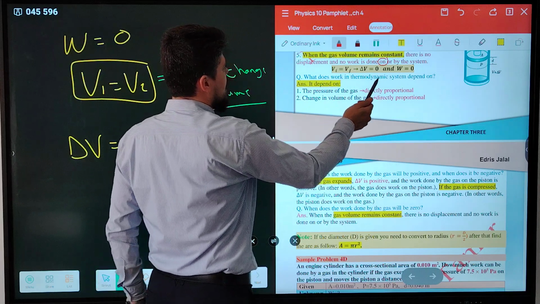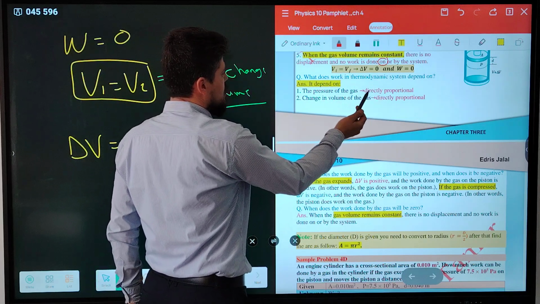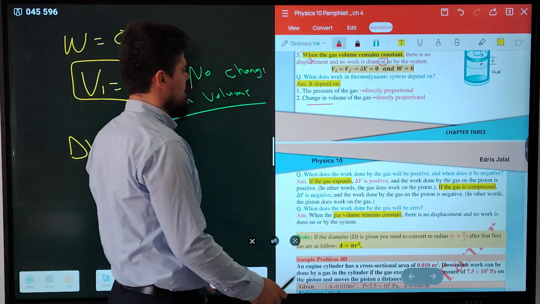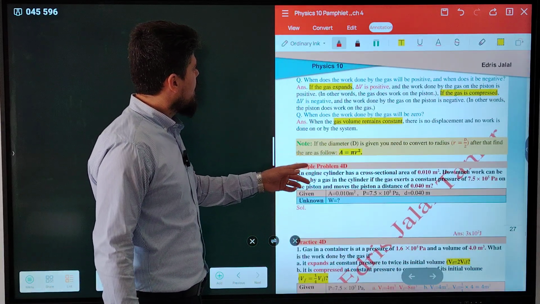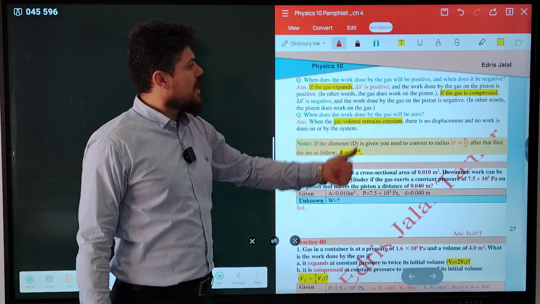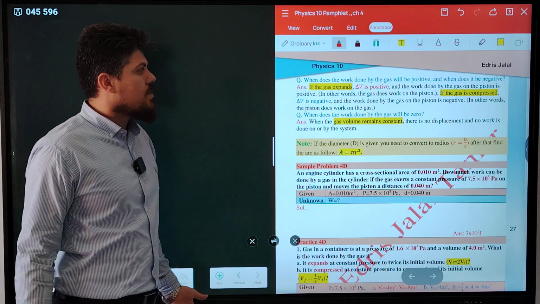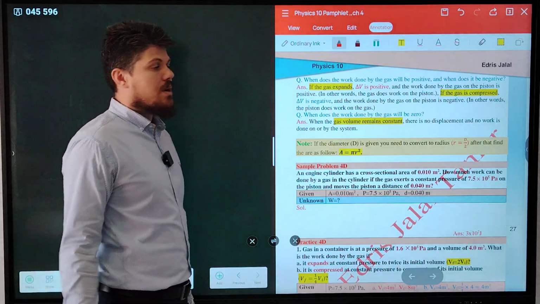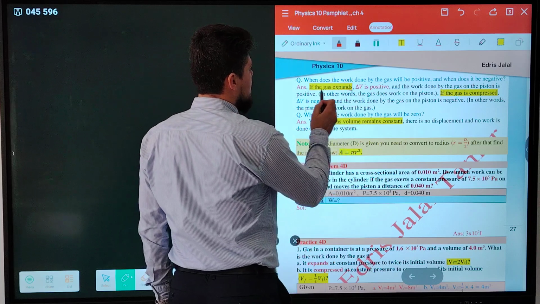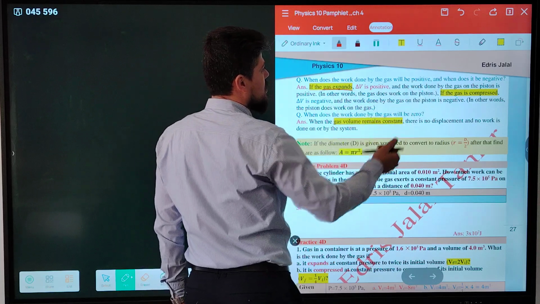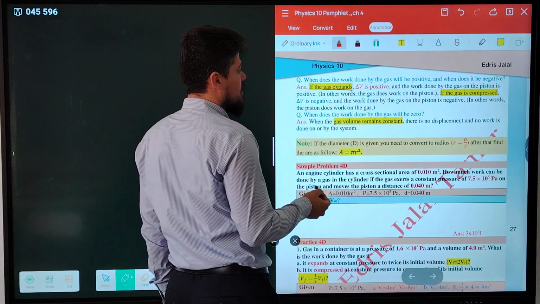What does work in a thermodynamic system depend on? It depends on the pressure of the gas and the change in volume. When is the work done by the gas positive, when is it negative, and when is it 0? For positive work, the gas expands, delta V is positive, and the work done by the gas on the piston is positive.